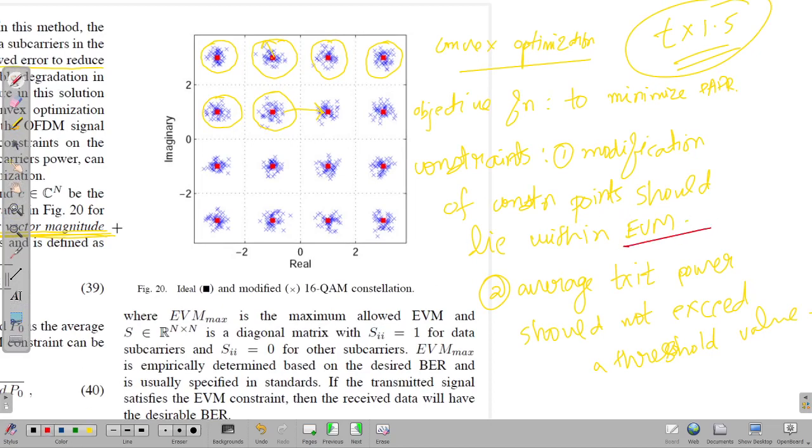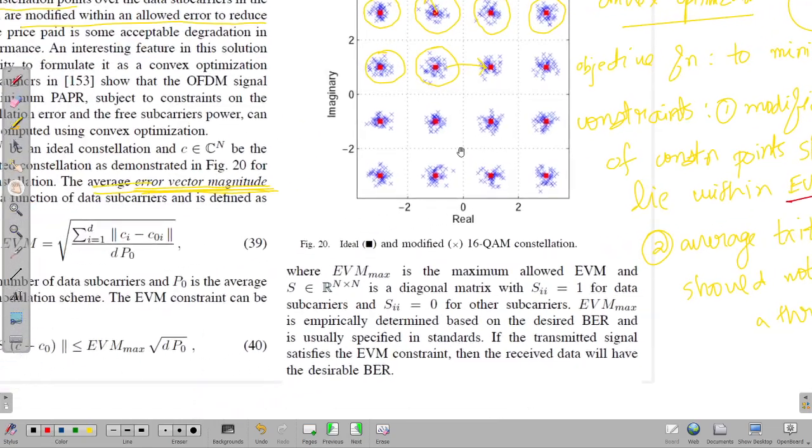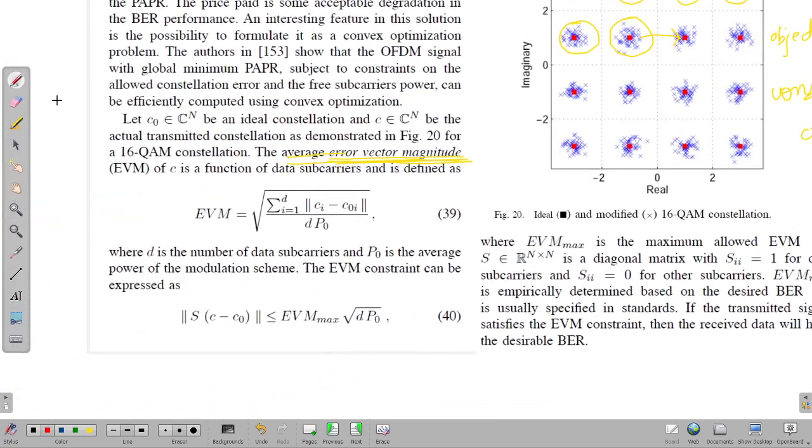Now, what is this error vector magnitude? How do you find it? The error vector magnitude is found in this way. Error vector magnitude is equal to the square root of sigma i equal to 1 to d of the mod, or you can say norm, this is basically the norm 2, the second norm, of ci minus c0i, where ci is part of the original constellation.